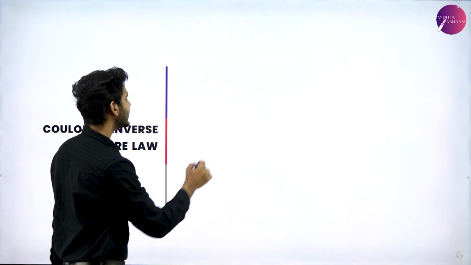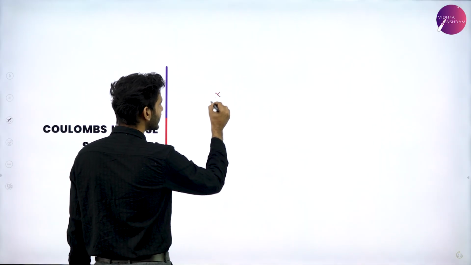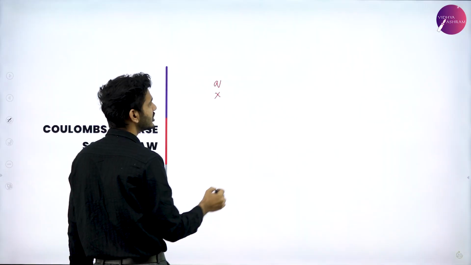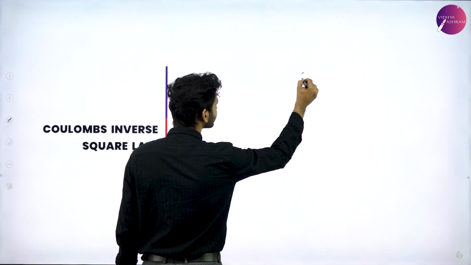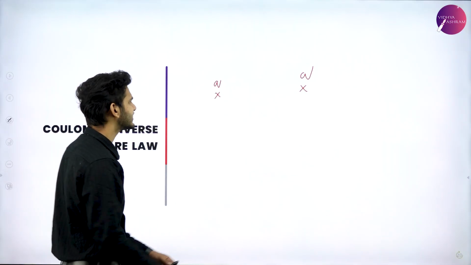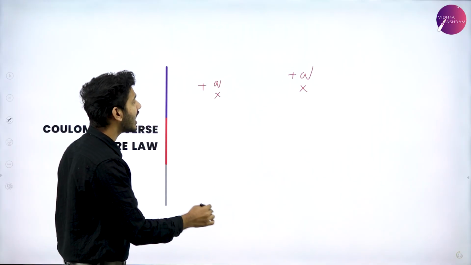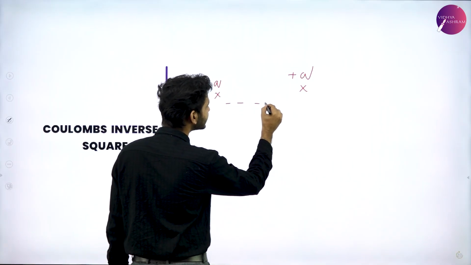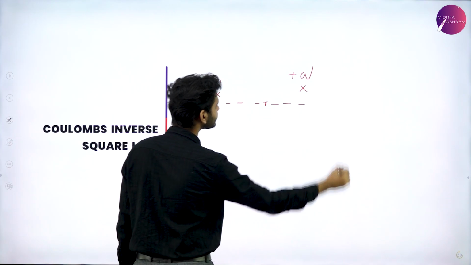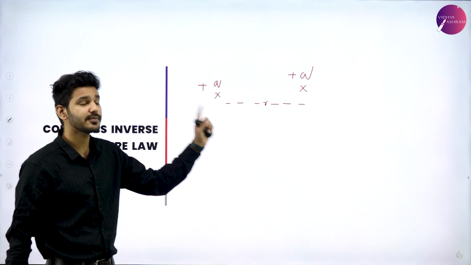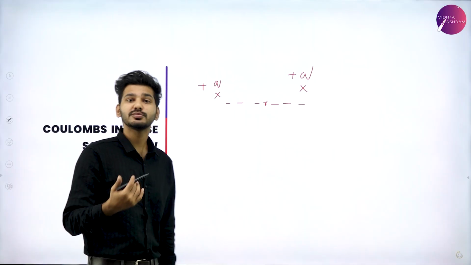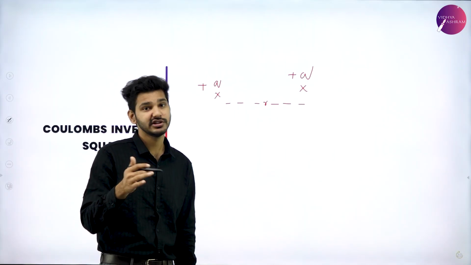So he said that if there are two charges, that is Q and another Q. Let's assume for the time being that both of these charges are positive and they are separated by a distance of r. So Coulomb said that there is a force between these two charges.